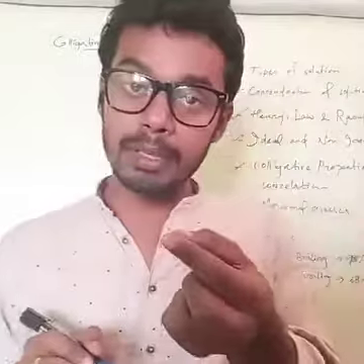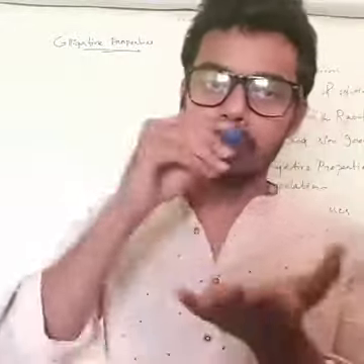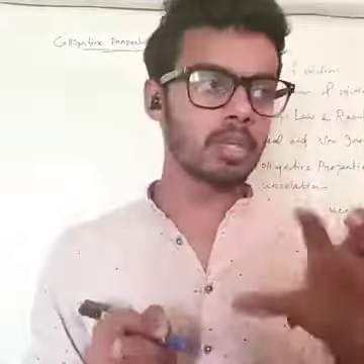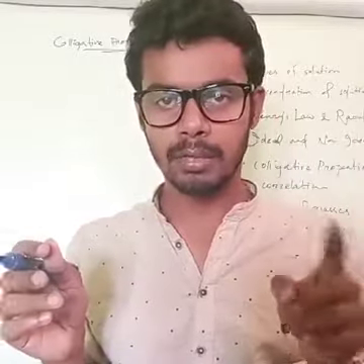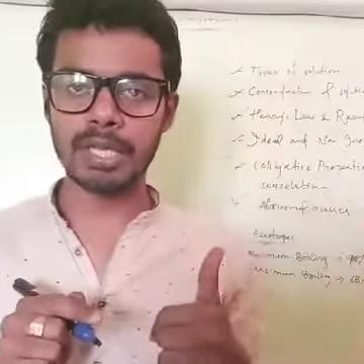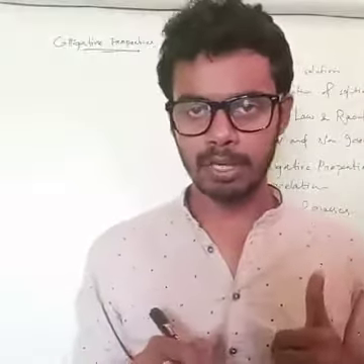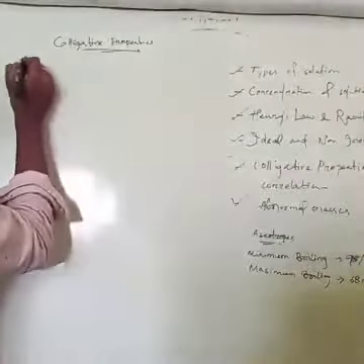It depends upon how many solute particles get dissolved. Some solutions have 100, some solutions have 1000 solute particles, so there must be some difference in their temperature irrespective of their nature. So these kinds of properties are known as colligative properties.